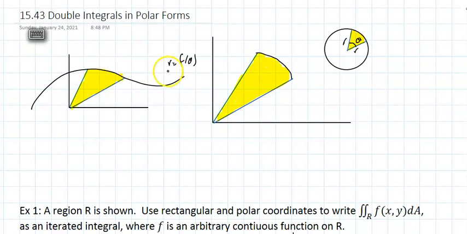So suppose we're given r equal f of theta, and we want to find the area that I shaded. If I just focus on that area, what we do, we break this into smaller areas.